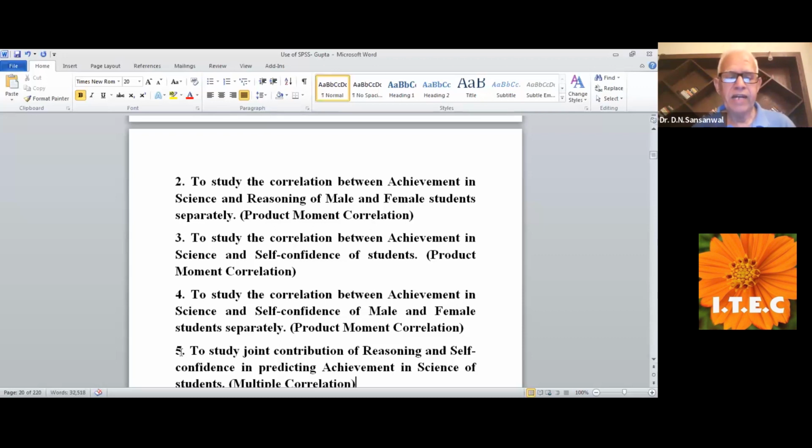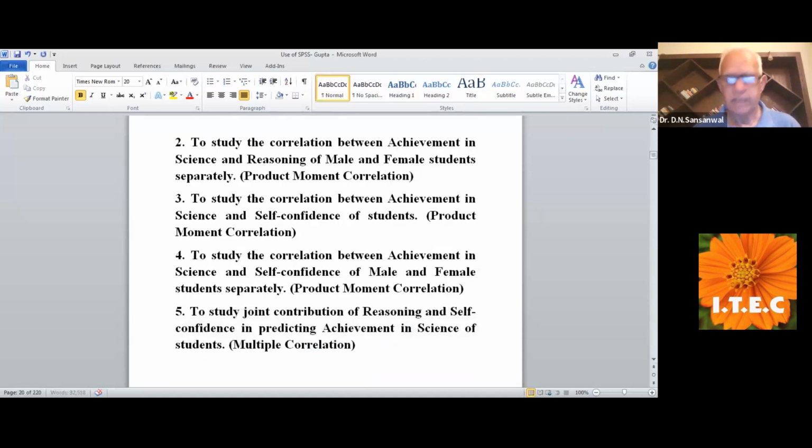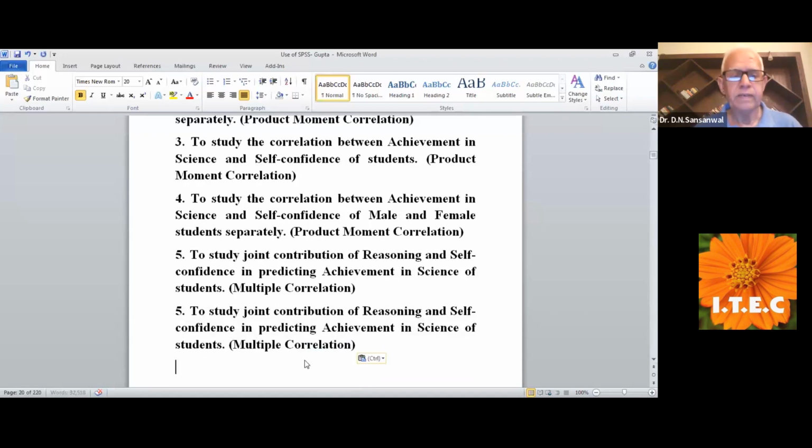I can write like this also: to study joint contribution of reasoning and self-confidence in predicting achievement in science of male and female students separately.